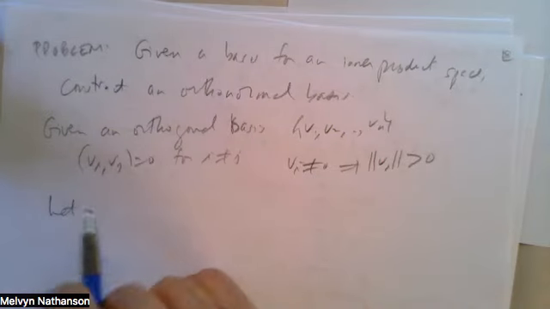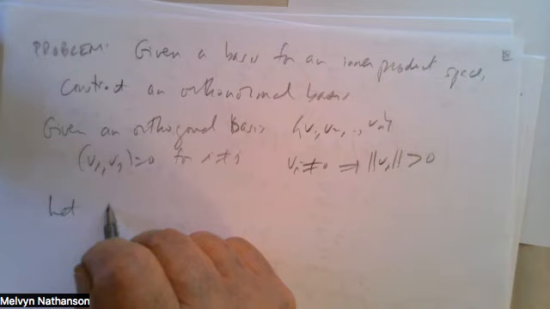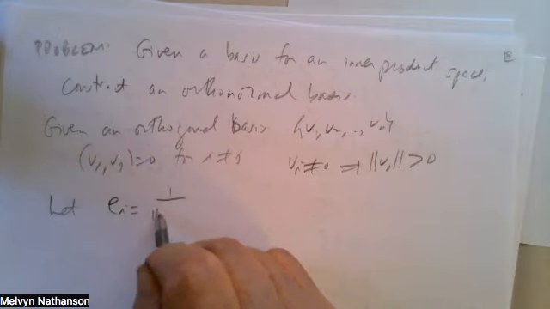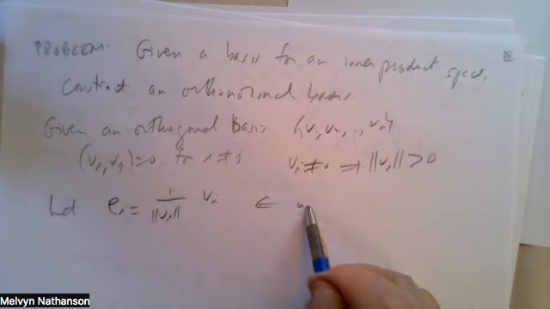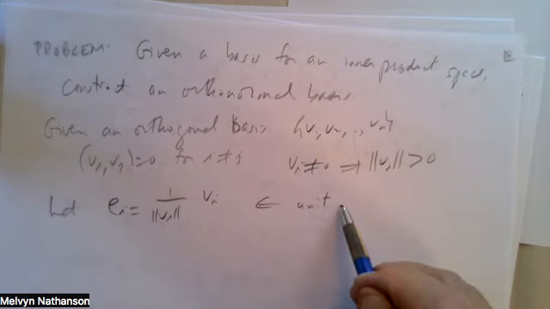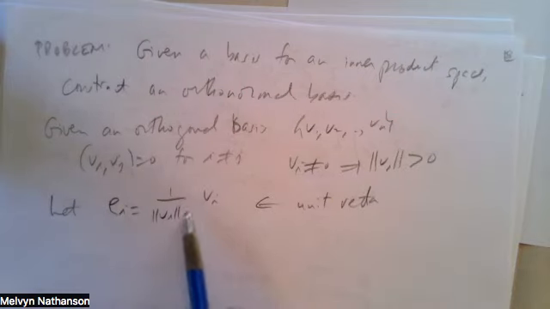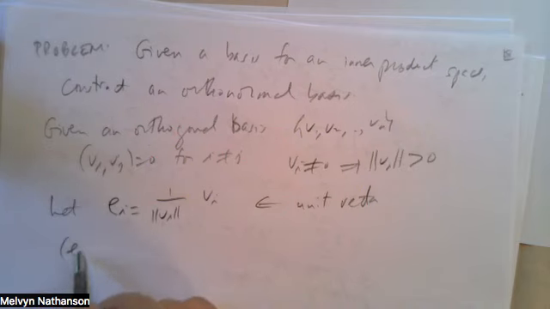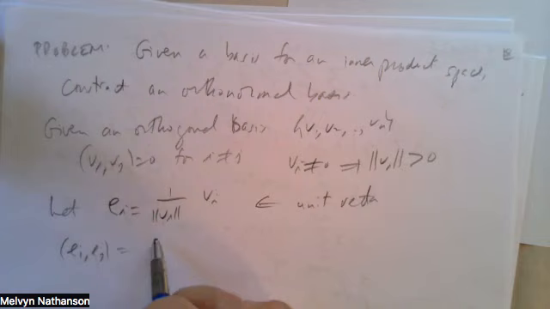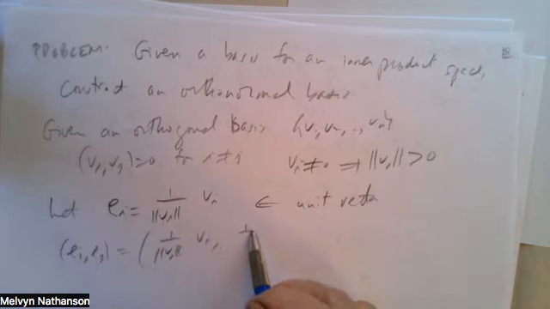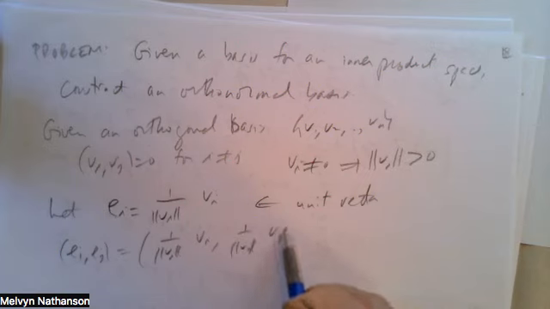Suppose I define a new vector, Ei, to be 1 over the length of the vector Vi times the vector Vi. This is a unit vector, because the length of this is just 1. And the inner product of any Ei and Ej is going to be 1 over the length of Vi times Vi, 1 over the length of Vj times Vj.